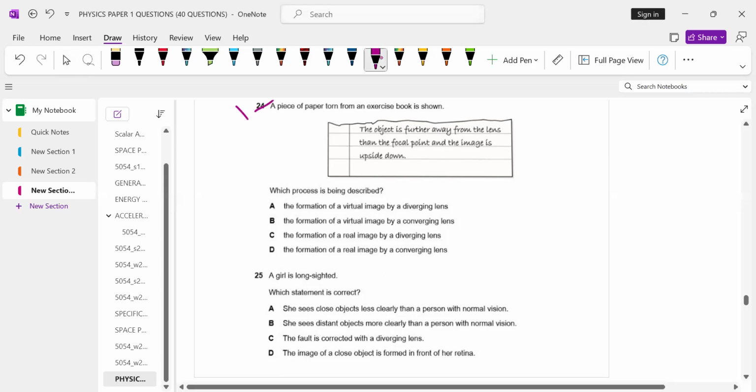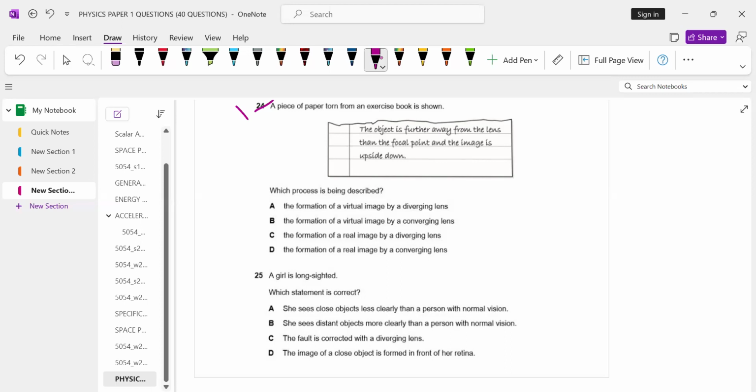A piece of paper torn from an exercise book is shown. Which process is being described? So let's read the statement. The object is farther away from the lens than the focal point, and the image is upside down. When the image is upside down, you know that it's a real image, and the object is further away from the focal point.